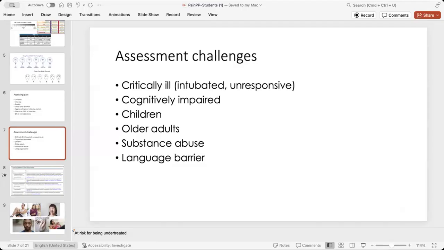One thing the book talked about also, page 103, talks about the adapted hierarchy of pain assessment techniques.